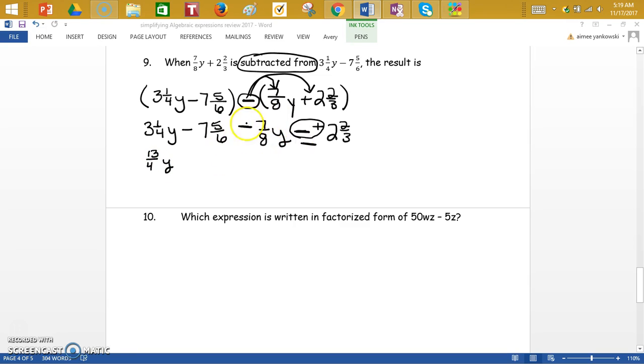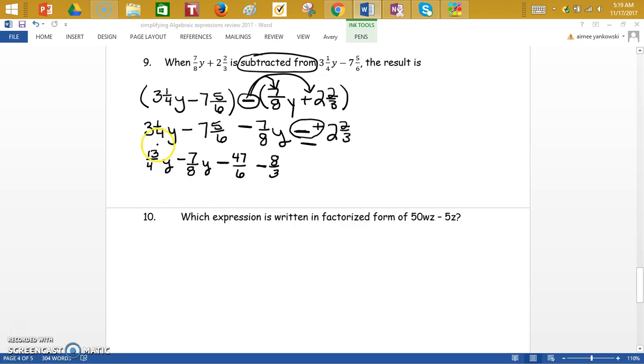I have to subtract off 7/8 y. I'm just going to group those together. And then here, minus 7 5/6. 6 times 7 is 42, and 5 more is 47, so it's a minus 47/6. And then here I have a minus 2 2/3. Minus 2 times 3 is 6, and 2 more is 8/3.